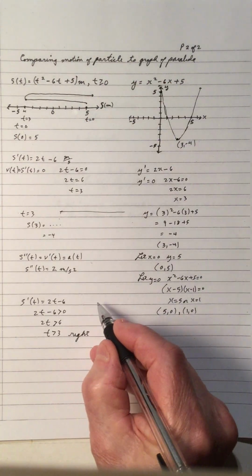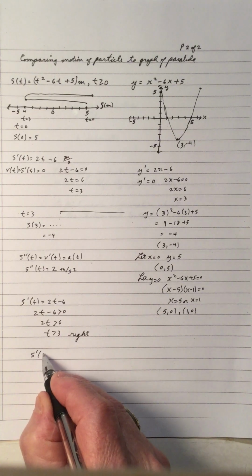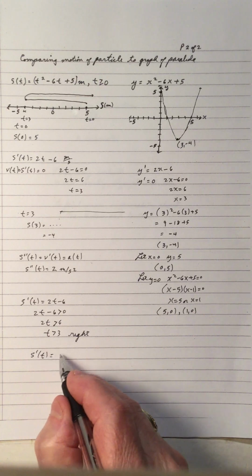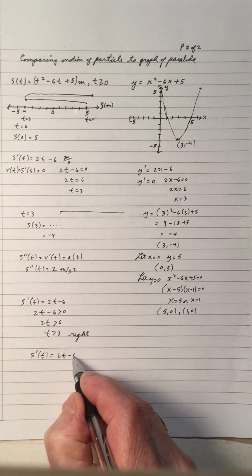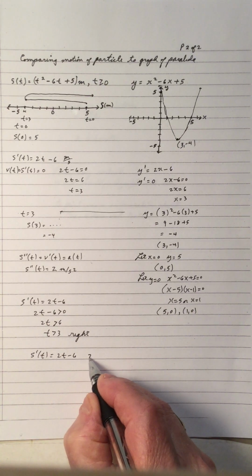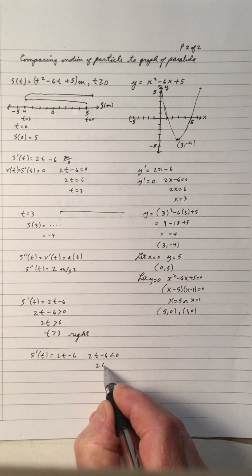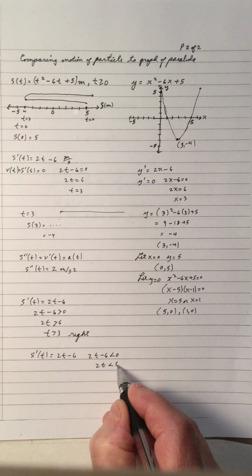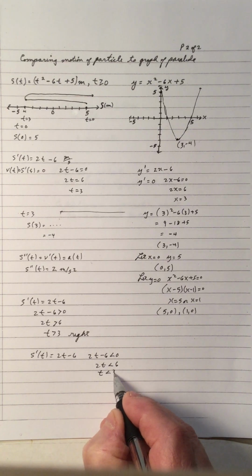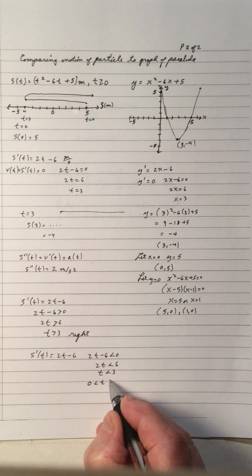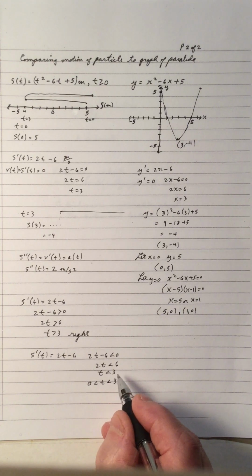And also, if you let your velocity, s prime, which is 2t minus 6, be less than 0, 2t is less than 6, t is less than 3, so between 0 and 3.